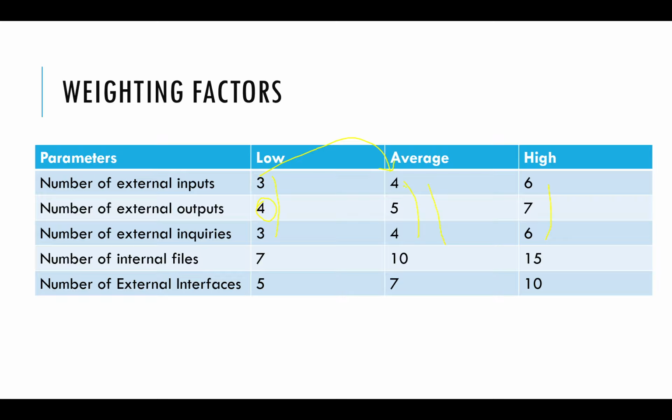So 4 and 4, and the middle value is 5. Next is 6 7 6. Since 3 4 5 has been covered, 6 and 6 are the same, and in the middle is the plus one value. So you can just remember 3 4 3, 4 5 4, and 6 7 6.